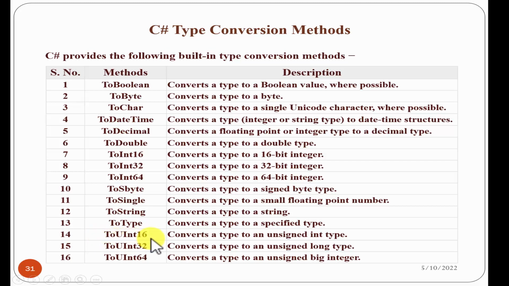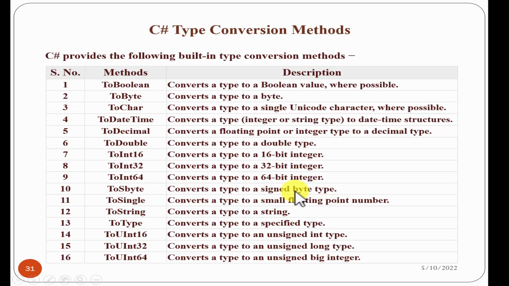After that, UInt16 means unsigned integer type. It is always used only for positive values, from 0 to all positive values as per the range of the integer. UInt32 is the same, from 0 to the long range, and all the values must be positive.